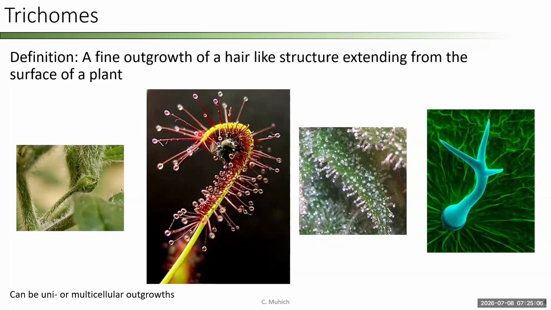They can be a single hair or branching, and densely packed or more loosely packed. And these can be unicellular or multicellular outgrowths.